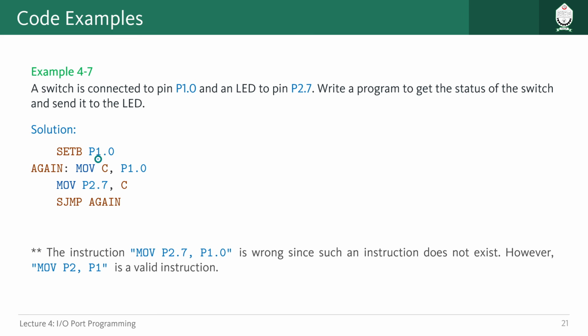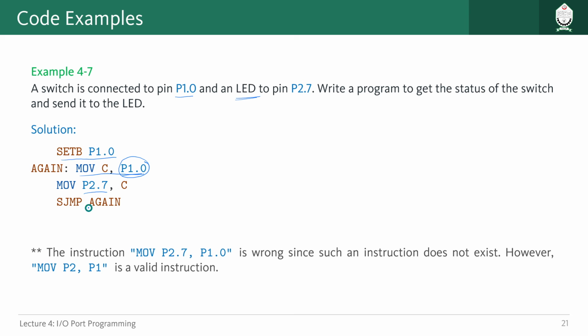So here you see, first of all we have configured this pin as input. Now we are going to check the condition. In this particular line, whatever signal we are getting on this input pin will be stored onto the carry flag, and that carry flag will be moved onto this particular pin, which is the output pin, to turn the LED on or off, right?